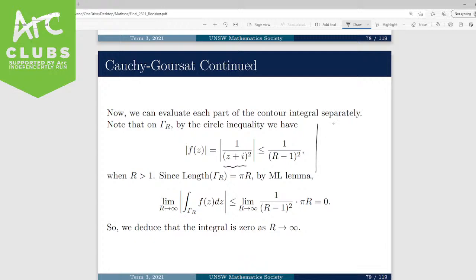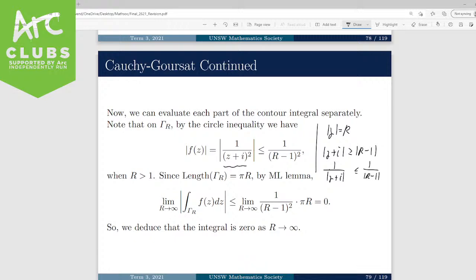Because remember, on the gamma r contour, your modulus of z is simply capital R. So with the z plus i, using the power of circle inequality, you get this. Using circle inequality, because of the denominator; you only use triangle for the numerator. And would you look at that? So that's how you get the less than or equal to 1 over (r minus 1) squared. Well, that's only valid for r bigger than 1, but that's all right. We're making r go to infinity by the end of this.